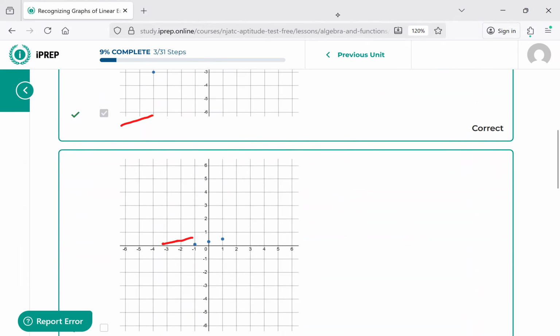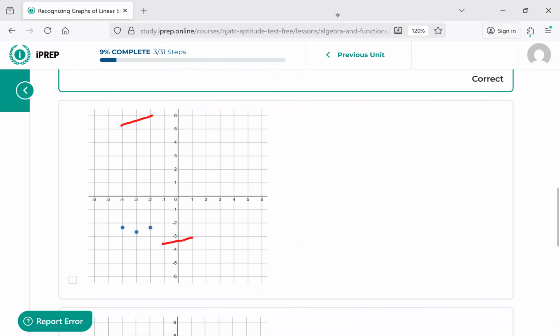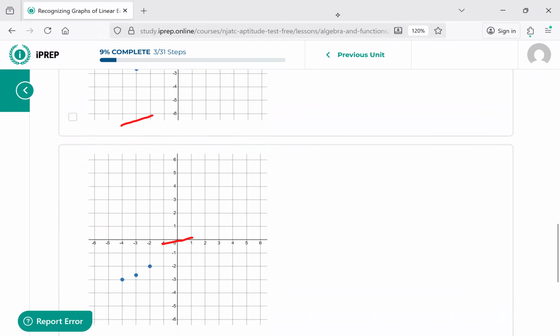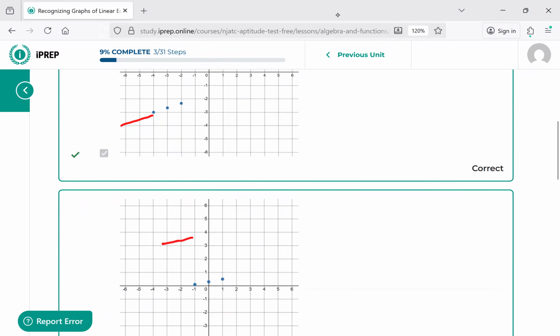This one has a little curve, so it's not going to be a straight line anymore. This one curves just a little; if you connect the dots, it's not going to form a line. Okay, good. That was a tricky one.